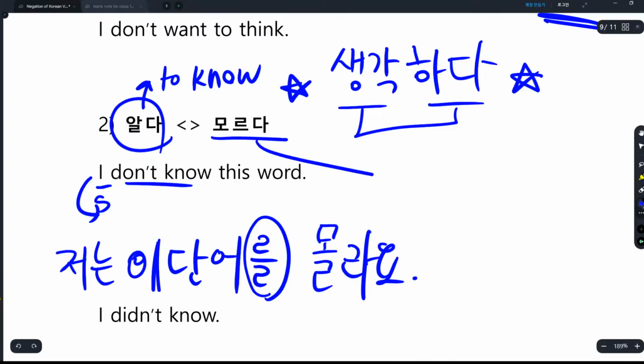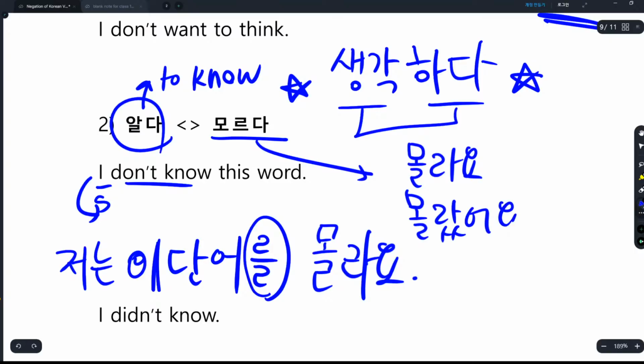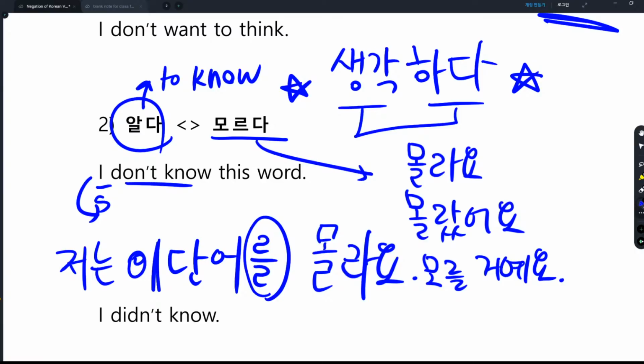So 모르다, guys, is conjugated 몰라요, 몰랐어요, and 모를 거예요. Some of you who have just finished my conjugation lessons but haven't moved on to the irregular verb conjugation lesson might be a little confused with the conjugation of this particular verb.